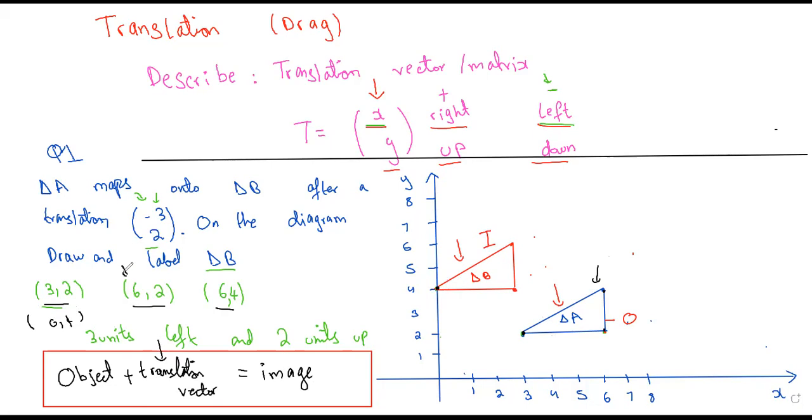When I add the translation vector to 6, 2, what am I going to get? Sorry, it is going to be 3 and 4. Yeah, my bad. This is 3 and 4. And certainly this point is 3 and 4. And for this one, you will again add the translation vector and you would get 3 and 6.